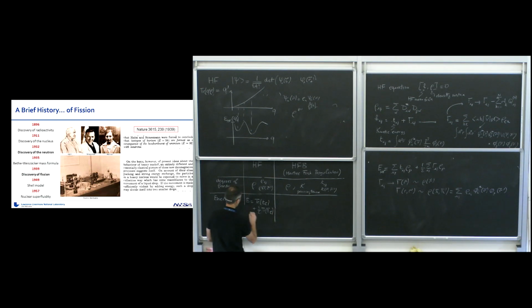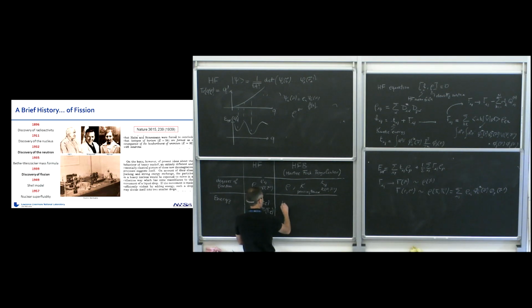Now, going back to the comparison between Hartree-Fock and HFB, the energy which I had written for Hartree-Fock is now, in shorter notation with the trace, given by this formula. This is the kinetic energy times the density. This is the mean field, capital gamma, and rho.